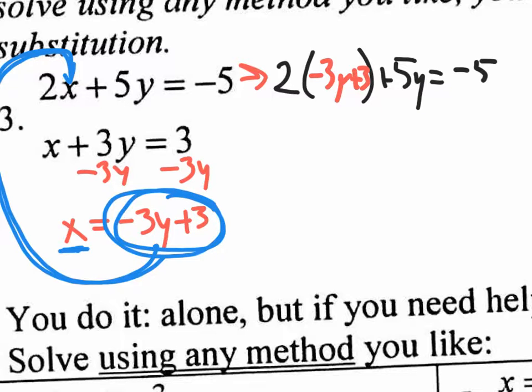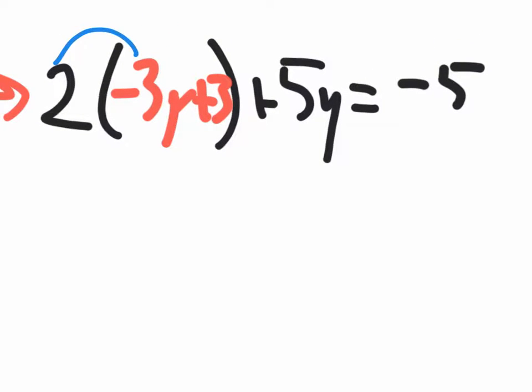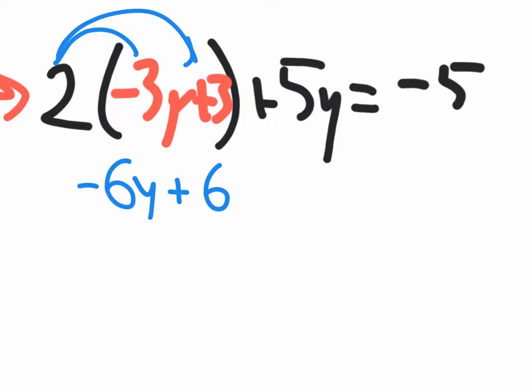So if I focus in just on this equation right here, I could distribute 2 times negative 3y, that's negative 6y. 2 times 3, that's positive 6. Bring down the plus 5y. Bring down the equal sign and the minus 5. And of course, we're going to combine like terms.